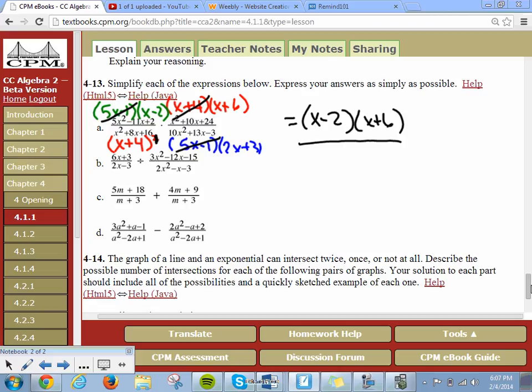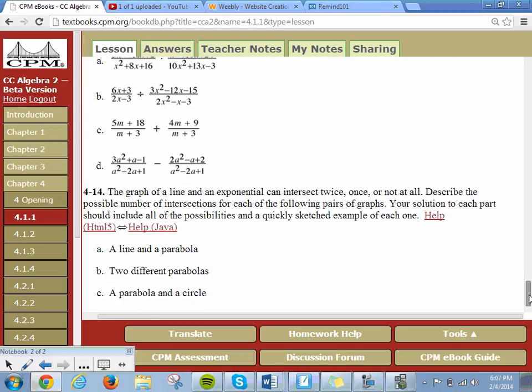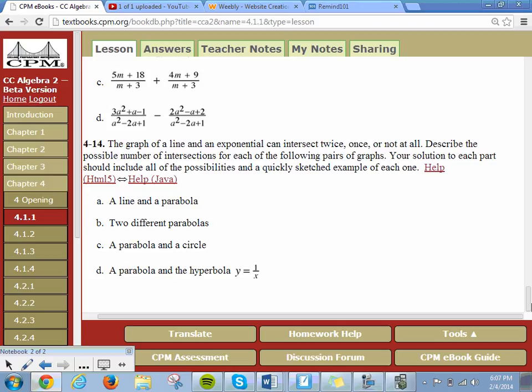So we'll have x minus 2 times x plus 6 over x plus 4 times 2x plus 3. Don't feel like you need to multiply those out. I would just say leave them as they are. Alright. Lots of work. I understand that these ones take time, but they're really good practice because we just took a test on them, but I can guarantee that you'll be seeing them again.